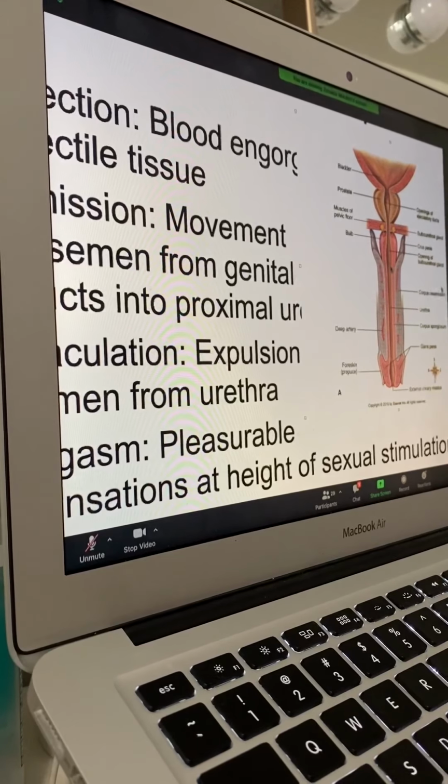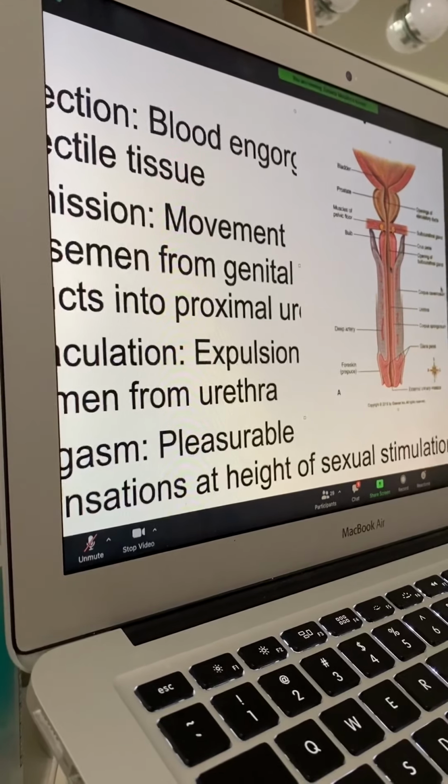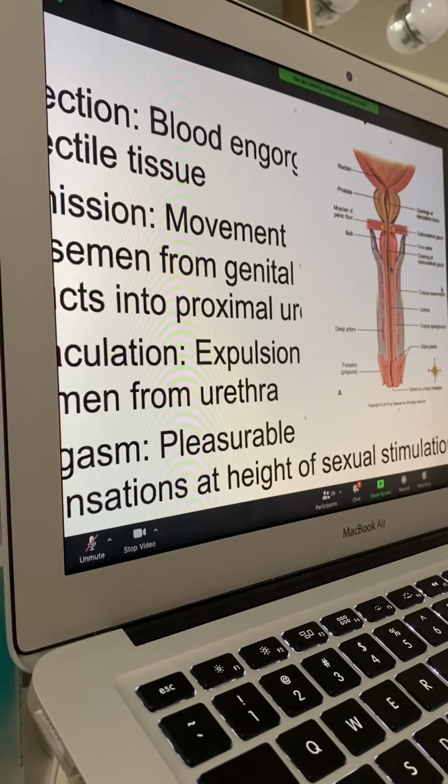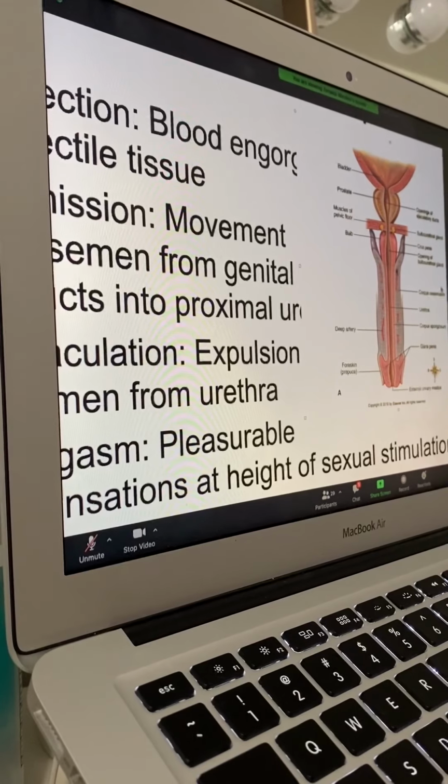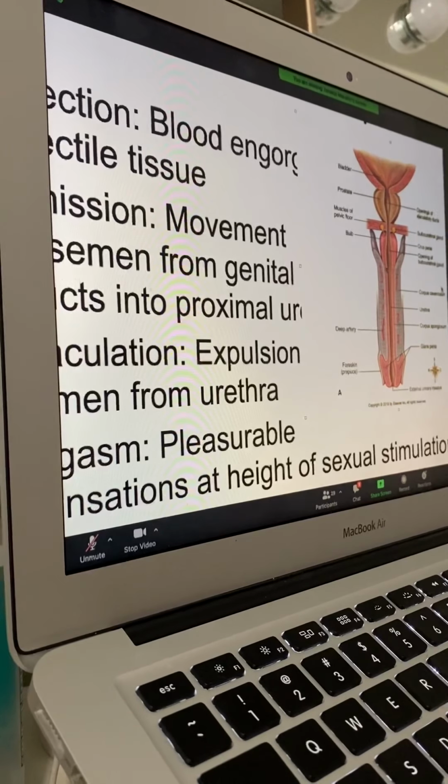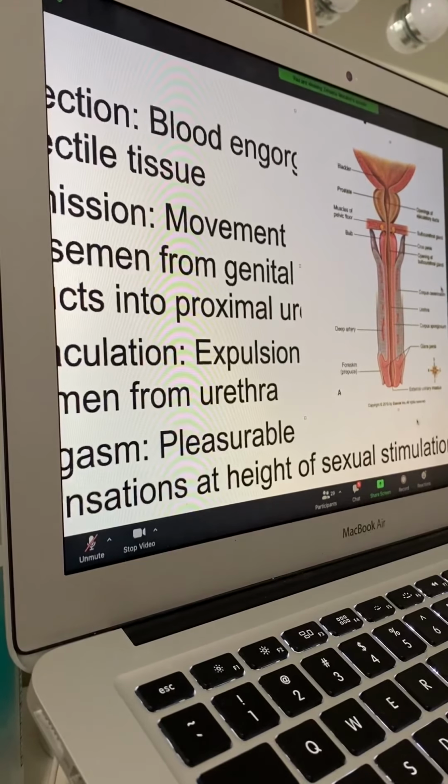Sympathetic is vasoconstriction, decreased blood flow. Parasympathetic is relaxation. There is flow of blood to the tissue, increased blood flow. So when a male is stimulated, blood flows to the muscles, to the erectile tissue. So it's going to be parasympathetic.